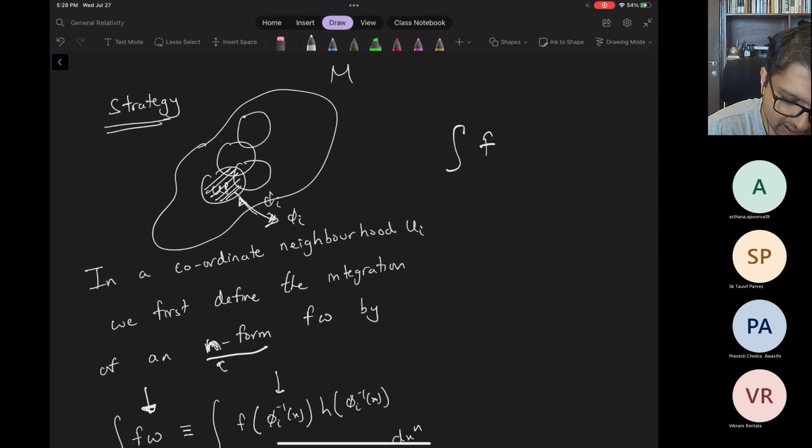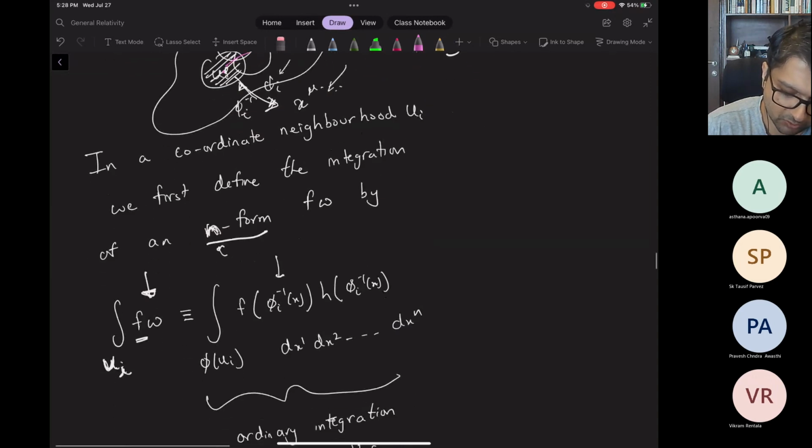The map phi I takes a point on the manifold to its coordinates. So given x, I invert it, use the inverse map to locate the point on the manifold, and from that point I get the real number associated with it, that is f of p.